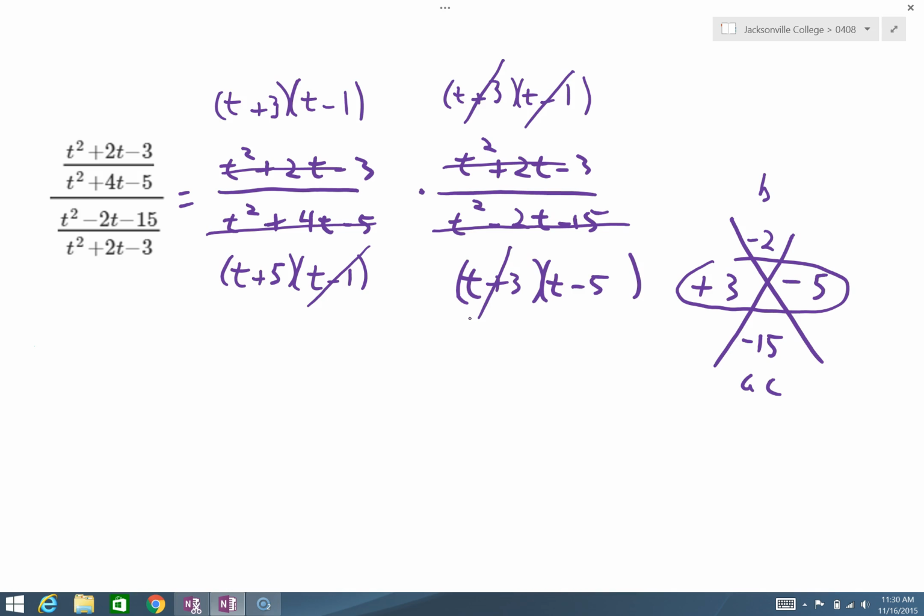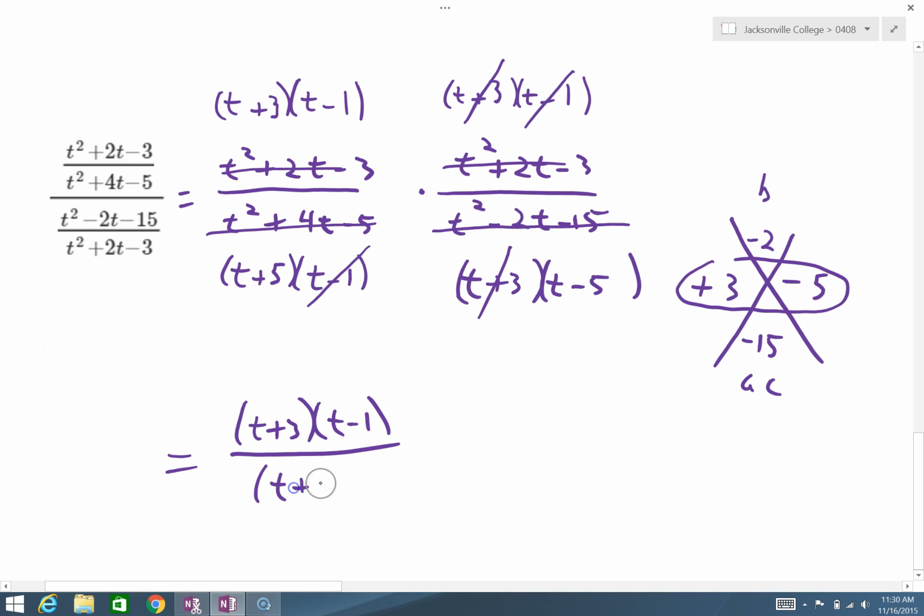So my final answer in this case, my numerator is t plus 3, t minus 1. And my denominator, t plus 5, t minus 5. And I could multiply these out, but I will leave it in this form. T plus 5, t minus 5. And this is a good answer in this context.